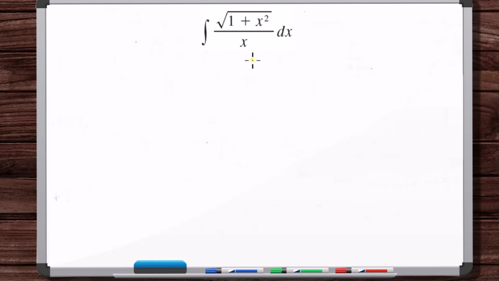Okay, here it might look like we could use a u substitution, because if you say u is equal to 1 plus x squared, then du is equal to 2x dx. But this is x to the minus 1 dx on the outside. So we can't use a u substitution, but we see that we've got a 1 squared plus x squared.